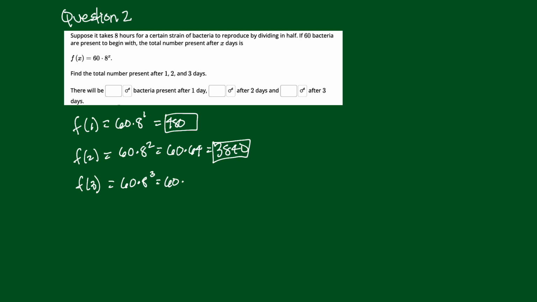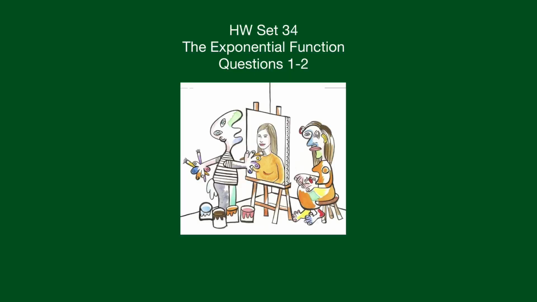Now, 8 cubed is just 8 times 8 times 8. That got me 30,720. There we go. And that wraps up the first two questions on homework set 34.